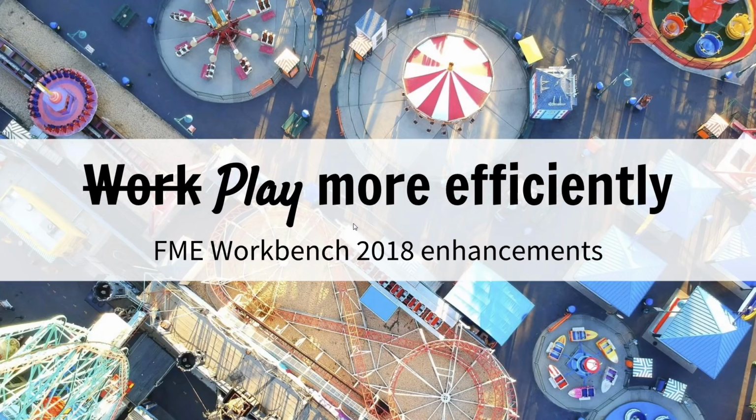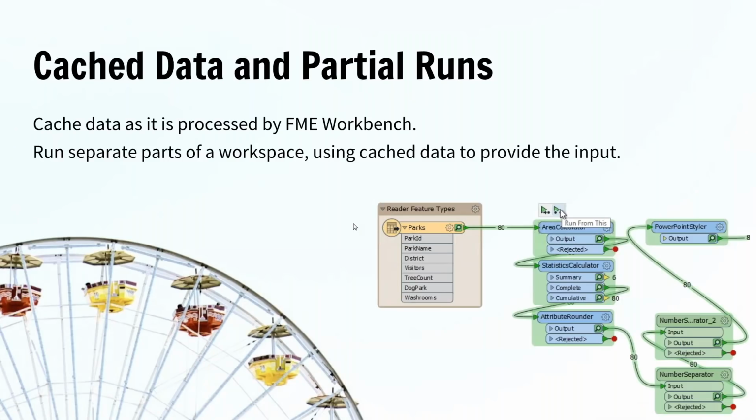So let's dive a bit more deeply into some of the functionality. The big one for me in Workbench is this idea of cached data and partial runs. Cached data basically means data is saved by FME at every step of the translation.